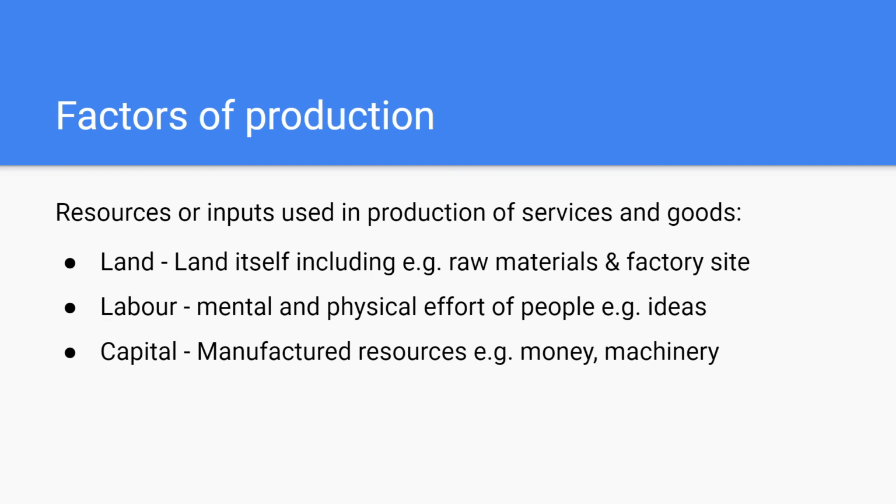Capital refers to the manufactured resources. So it does not refer to raw materials, for example, but it refers to man-made resources. This can be, for example, machinery, even buildings, but also money.